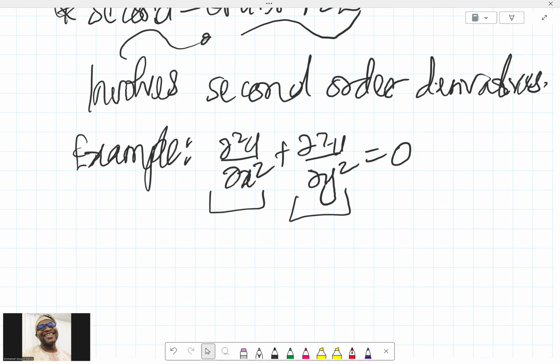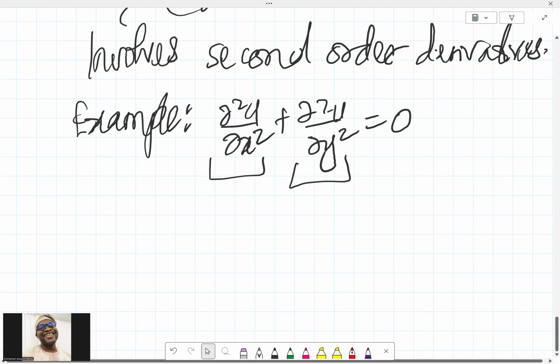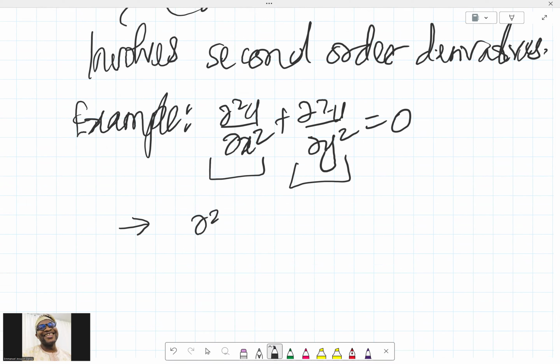So it means I can make up another example. Say I have partial squared y, partial x squared, minus L. I mean, this is not any known equation. I'm just making this up. And then you have partial u partial y, right?